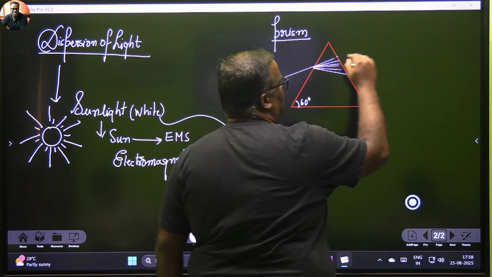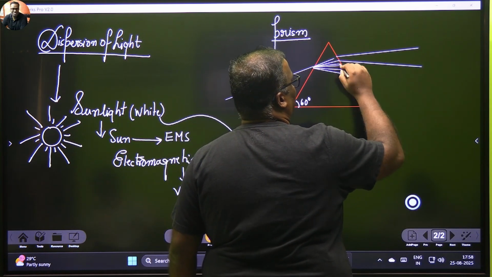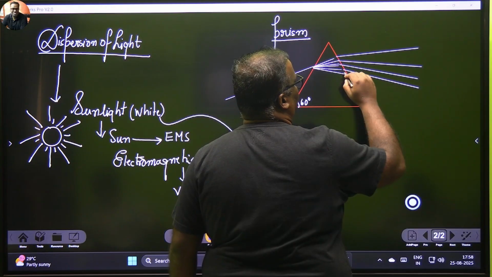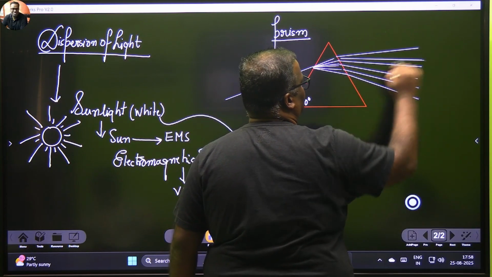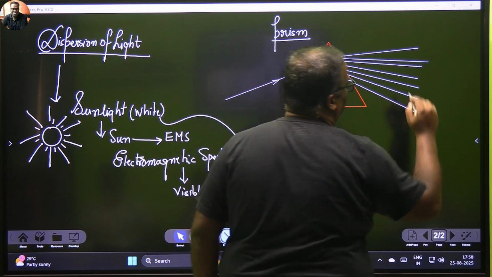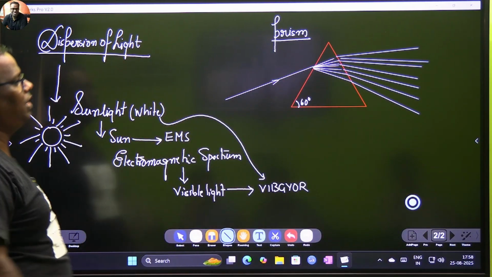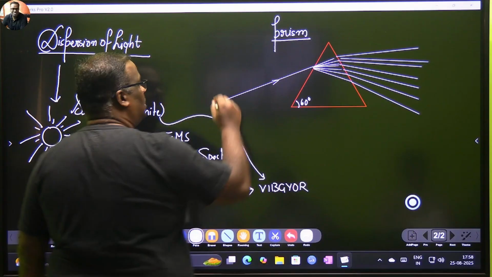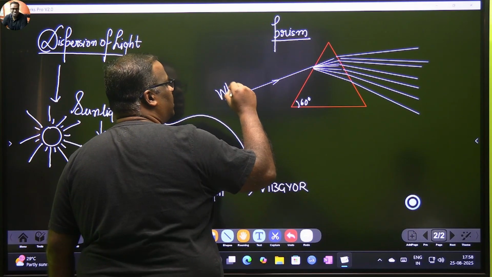On this side onwards, you will get 7 different colors. And this side is the white sunlight.